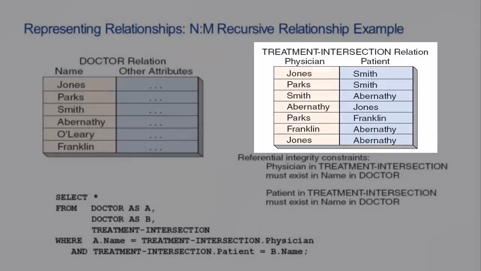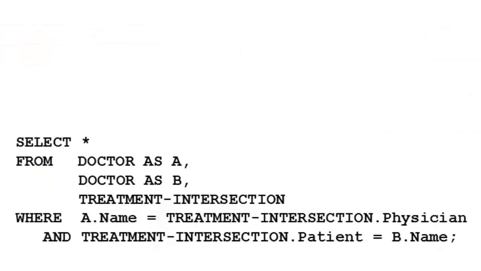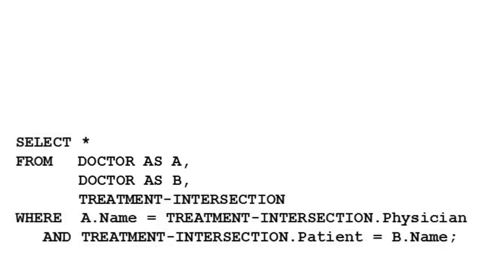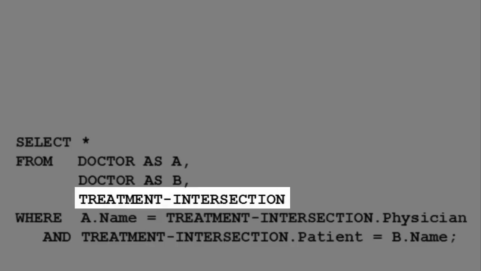The structured query language statements that will allow us to join these two tables together look a bit odd, but hopefully they make logical sense to you. Just as with our one-to-one and one-to-many recursive relationships, we must first select data twice from the same table, and we do this by providing each instance of the table a unique name, in this case A and B, and then we also must select data from our intersection table.